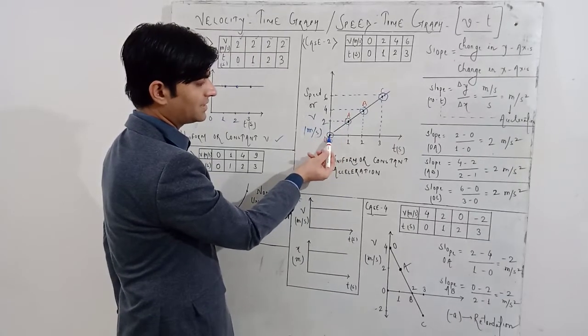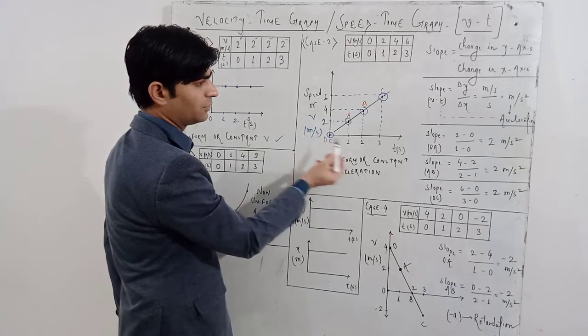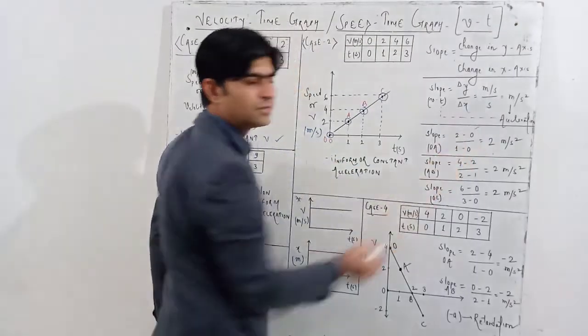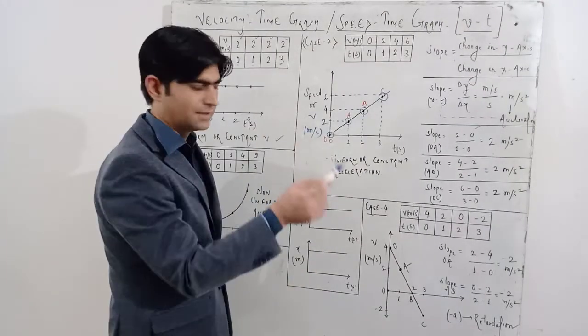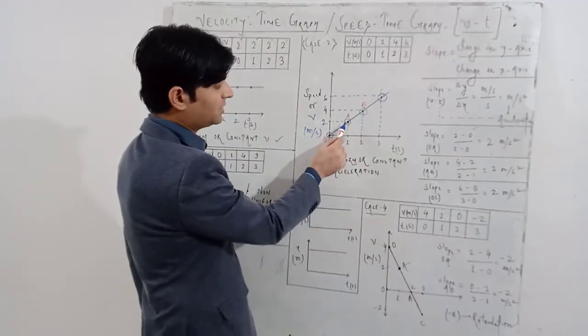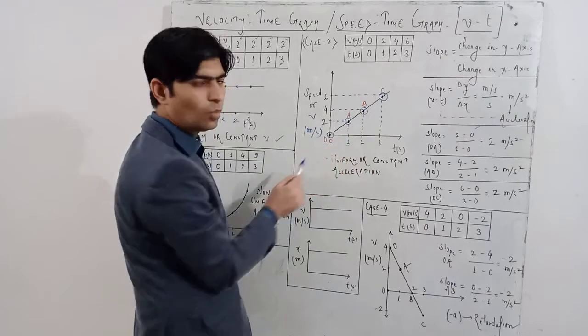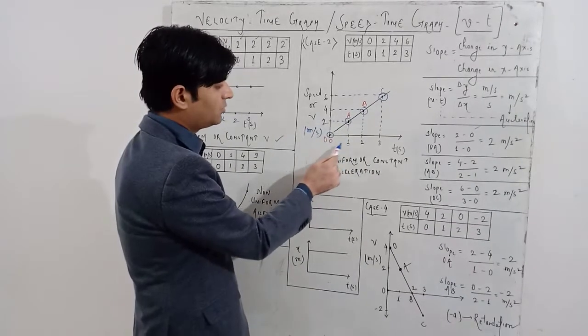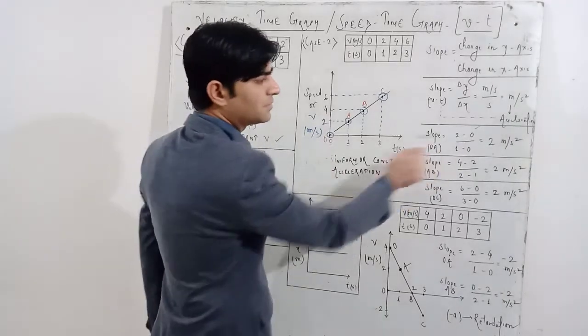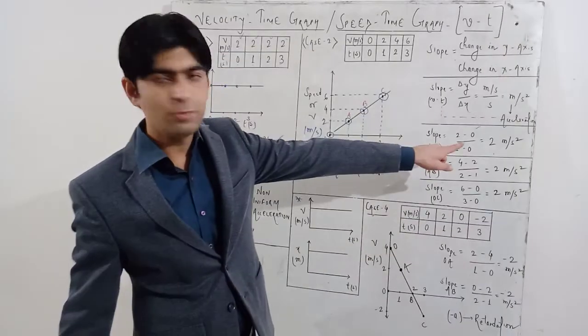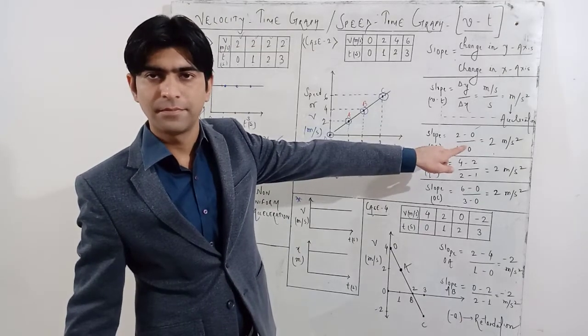What is written on the y-axis with respect to point O? 0. So this is 2 minus 0. Now coming to the x-axis, change in x-axis. What is written corresponding to A on the x-axis? 1. With respect to point O on the x-axis, it is written 0. So 1 minus 0. You are getting 2 meter per second square.